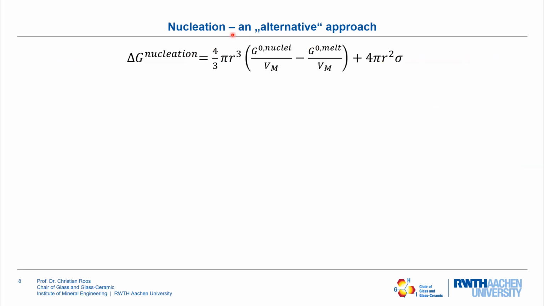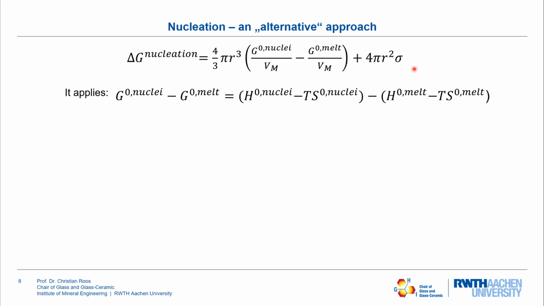Now let's have a look at this equation. In this equation basically it applies that G is H minus TS. So we can rewrite this as a function of the enthalpy and of the entropy, both for the nuclei and for the melt.